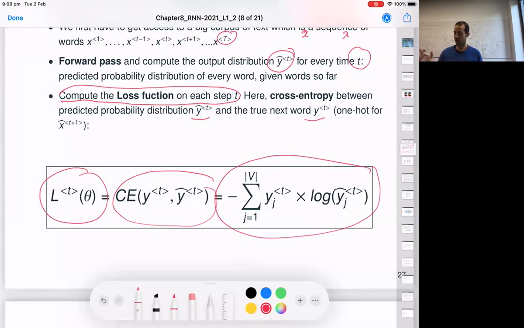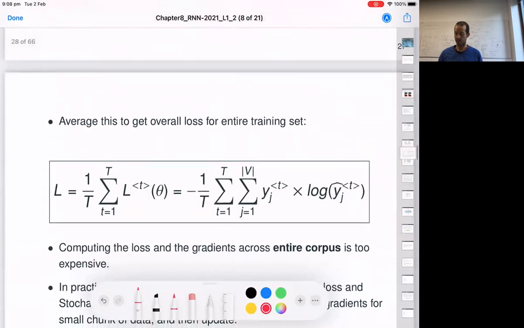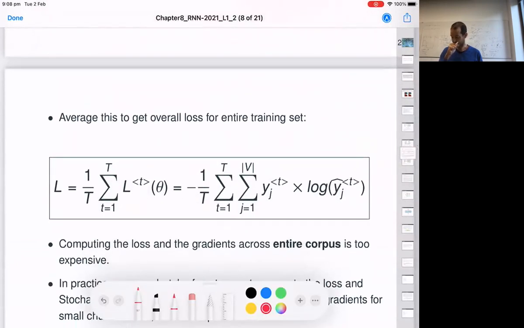So in our recurrent network, we need to compute the cross entropy, but you can see that the loss is at each time t. This is the main point. You need to combine all the losses at each time t, so you take the average over all your words, all the corpus.